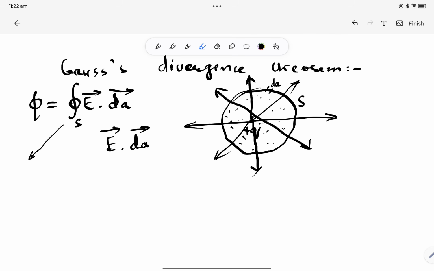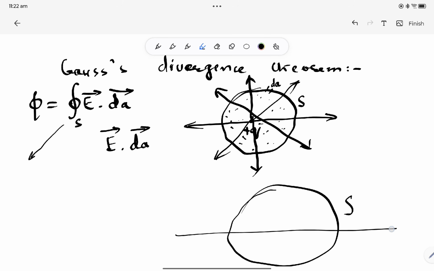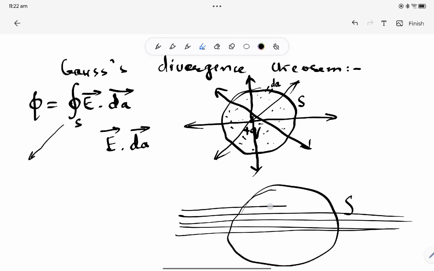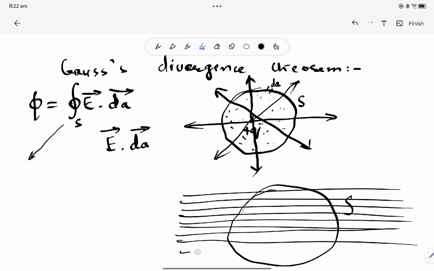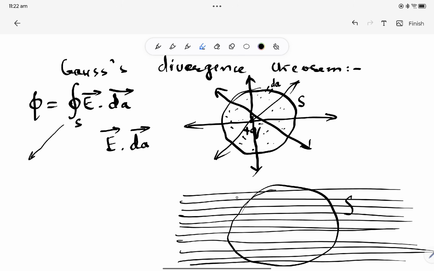For convenience, we will take the shape of each infinitesimal volume element as a cube. So you can think of this as if this is S, and this is the volume enclosed by S. Now just have a look at this. This volume is to be divided into very, very large number of infinitesimally small volume elements.